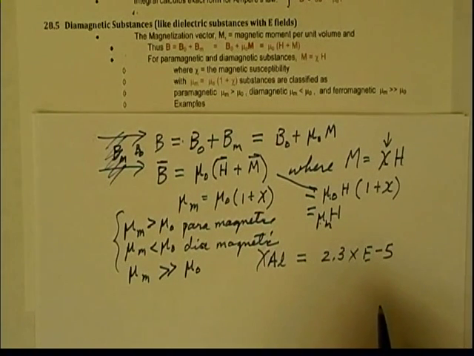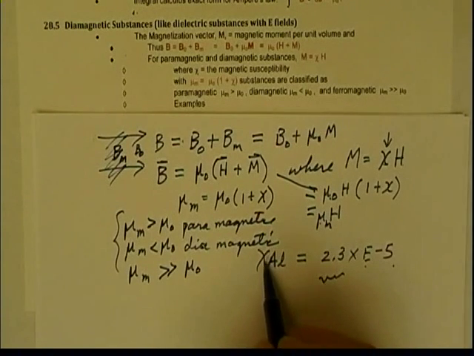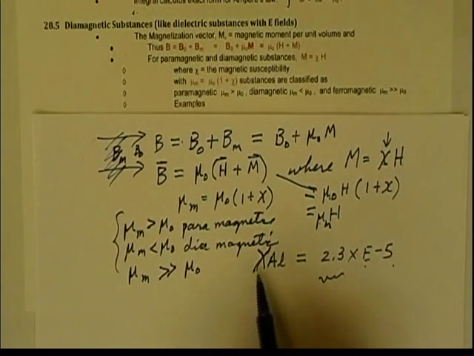For lithium, it again is 2.1 times 10 to the minus fifth. For magnesium, it's 1.2 times 10 to the minus fifth. So this number varies, but this is pretty much standard, except oxygen, it's smaller, and for platinum, it's greater, it's 10 to the minus fourth. So the range is about 10 to the minus fourth to 10 to the minus sixth in looking at our magnetic susceptibility of various substances.